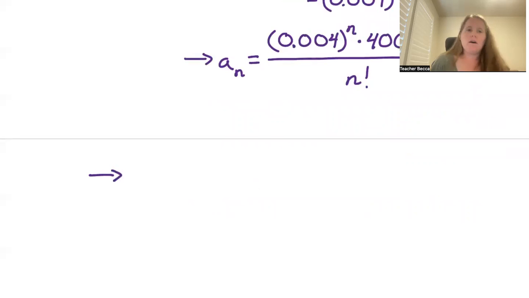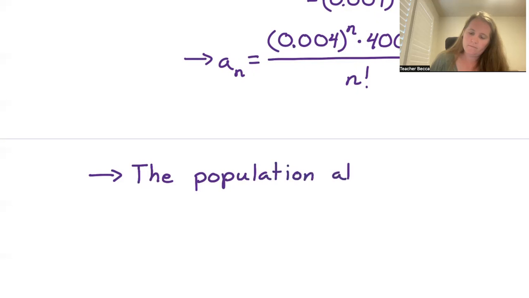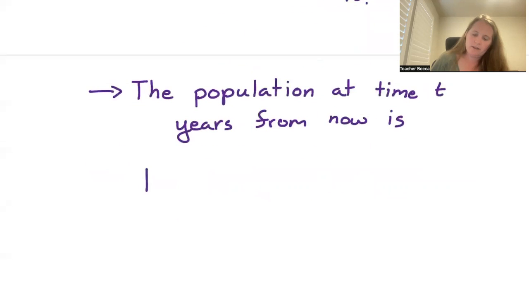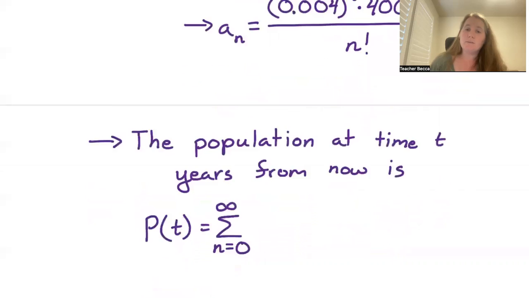So we get our function for modeling the population. So the population at time t years from now is, we would do p of t is equal to the sum from n equals 0 to infinity. We have our formula for a sub n.